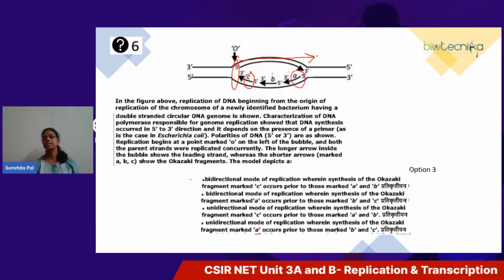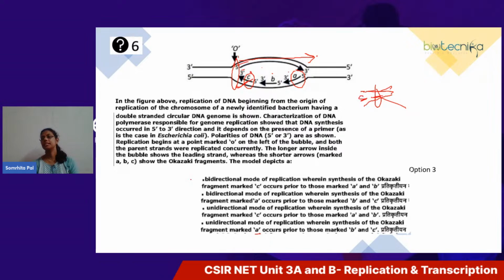If this is what is happening, that means this will be the first Okazaki fragment that would have been synthesized, because as the helicase is going this way, it is opening the gap. This part is open. C has been synthesized. Helicase is now here. It will open up this part.